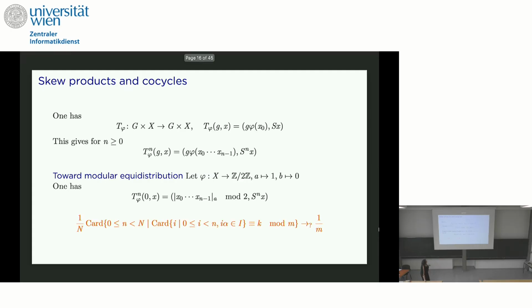So let us check that it has something to do with the original question that I put in orange again. If I consider my Fibonacci shift that I embed in Z over 2Z, by replacing, as I said, letters A by 1, letters B by 0, on the group component of my skew product, what I have is that I count the number of occurrences of A's modulo 2, because when I see a B, I do nothing.